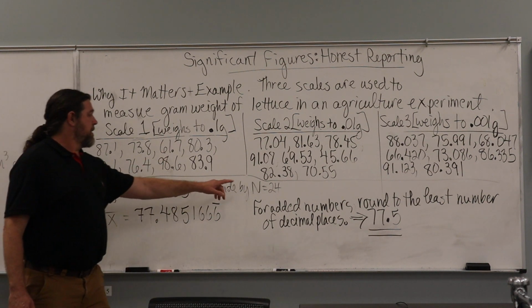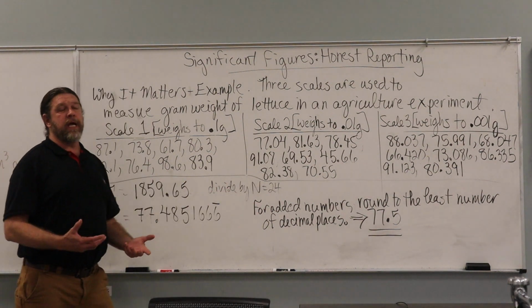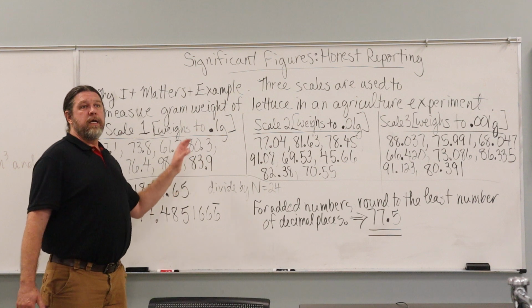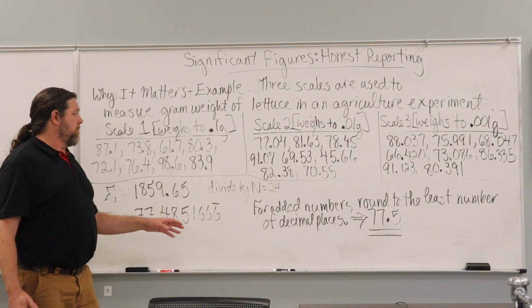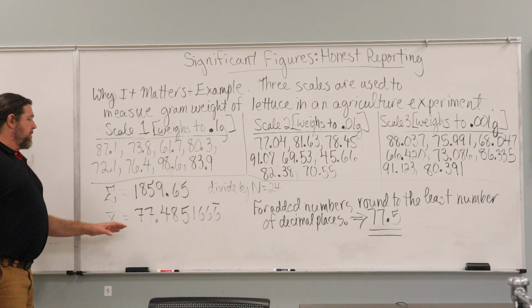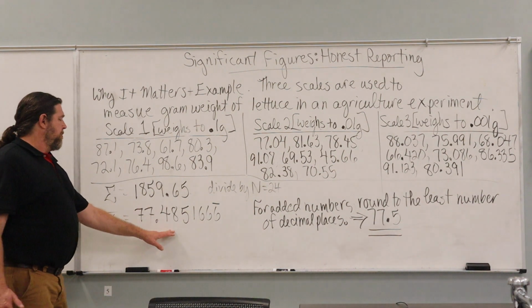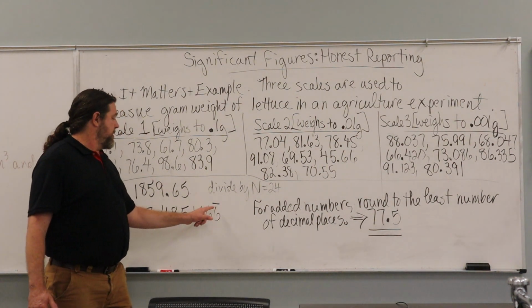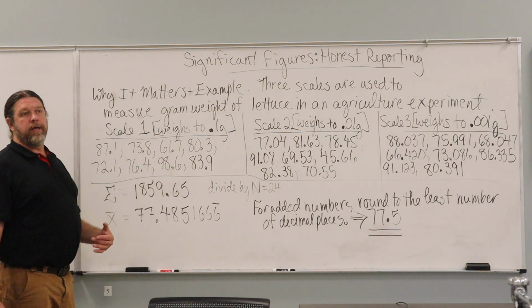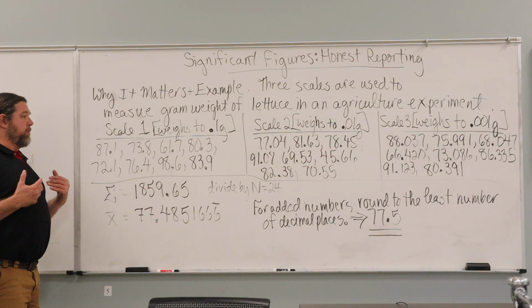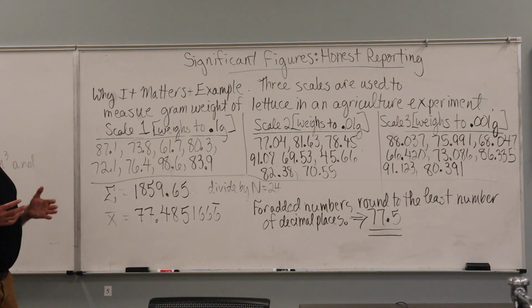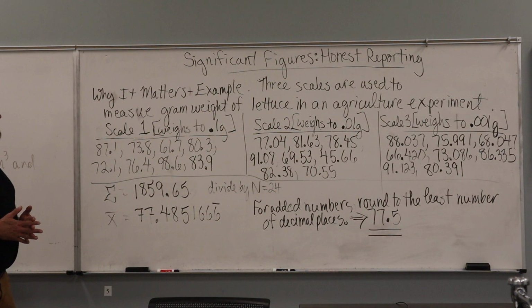Now, dividing by 24 is not a data point, that's a pure value that isn't based on anything that was weighed on the scale. But we get this huge number, 77.485166666 into infinity, and so what would we round this to? What would be a good point of rounding?